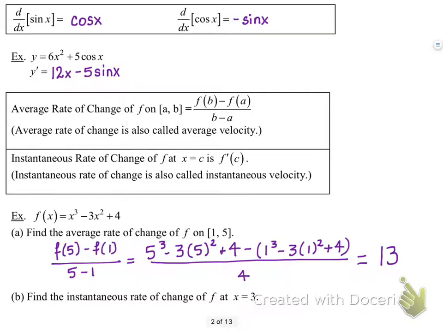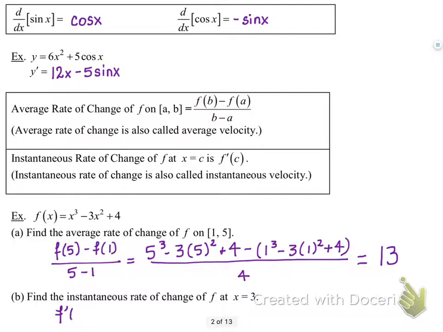Now we're going to find the instantaneous rate of change of f at x equals 3. And that would be, well, first of all, we need to find the derivative, don't we? F prime of x. Sorry, I'm having trouble fitting everything on the screen.